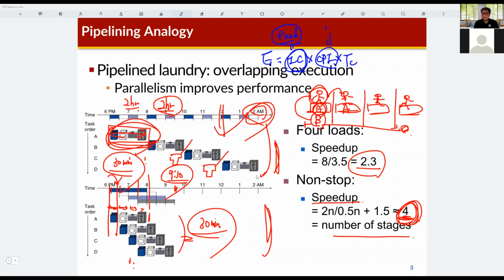CPI is 1 for the single cycle processor, but the problem is that the clock period TC will be very long. The performance is determined by this clock period, and because in the single cycle processor the delay of the critical path is long, the clock period will also be long.